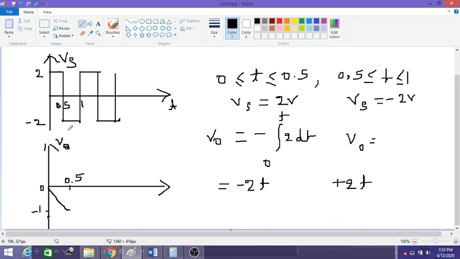Now the capacitor has reached the maximum value, and since there is a change in polarity, the capacitor starts discharging. So for another 0.5 seconds, the magnitude will go back to 0, and this pattern will keep on repeating. So we will get a triangular wave with a negative peak like this for this given input.